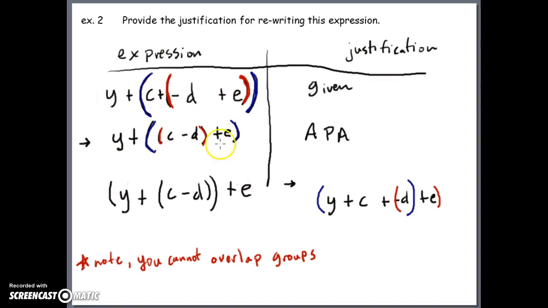Now that we've shifted the little set, we can shift the big set without overlapping the little set. So that's what I mean by overlapping groups. And the justification for the last step, we already know, is APA.